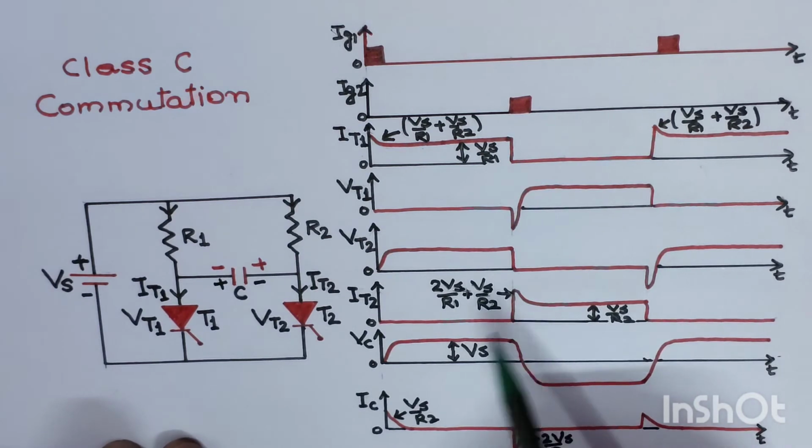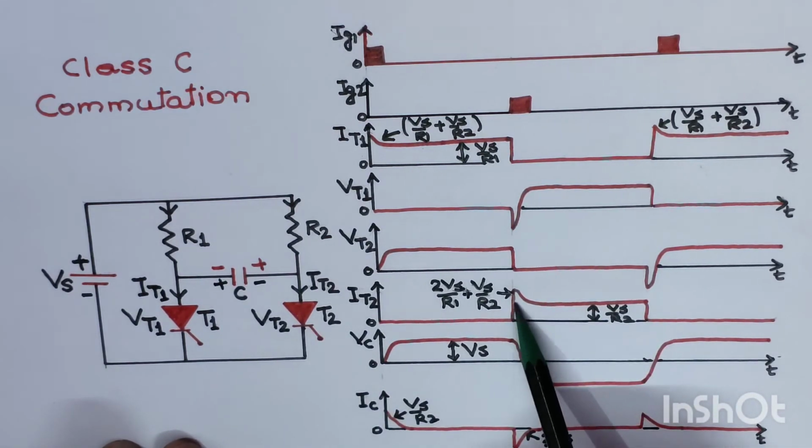Now there will be a maximum current flowing across the thyristor T2. So this current will start flowing through thyristor T2, but until the capacitor has got fully charged, two currents will be flowing across the thyristor T2.